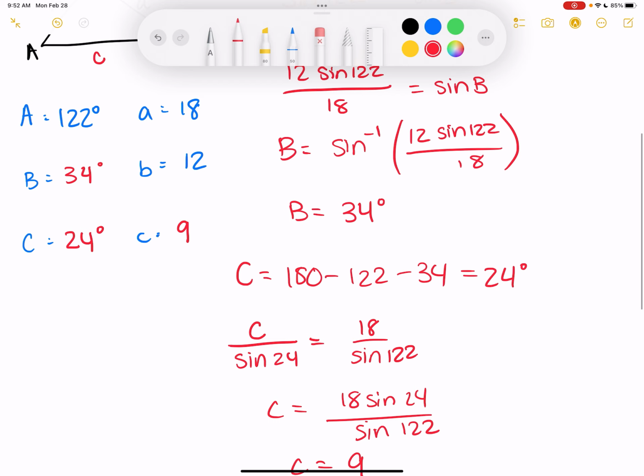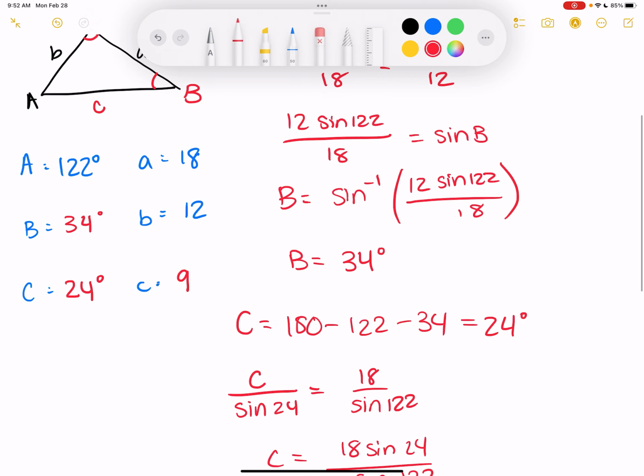Now I'm going to ask, do you remember anything about triangles in regard to side lengths and angles from geometry? What has to be true about the side length in relation to the angles? I remember we talked about something, but I don't remember what it was. Look at this one to see if it rings a bell.